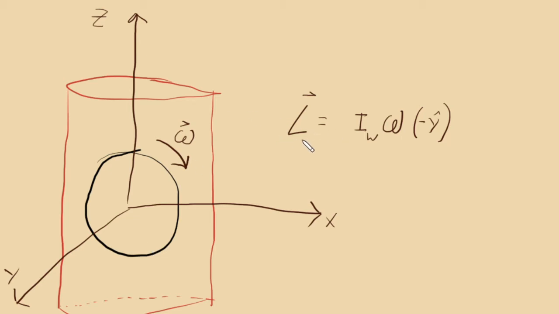So our angular momentum is going to be I_w ω, which is just the moment of inertia of the wheel multiplied by how fast the wheel's spinning, our angular velocity. What we do know is that our angular momentum is in the negative y hat direction.